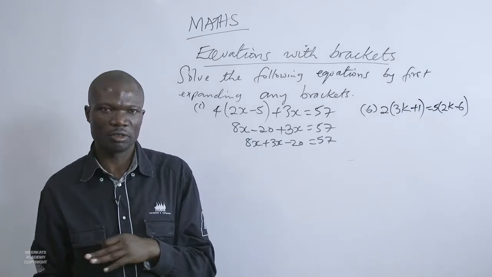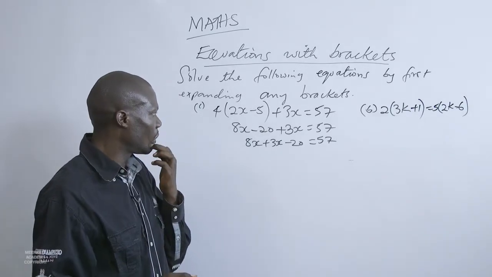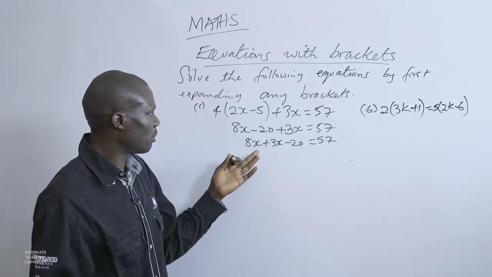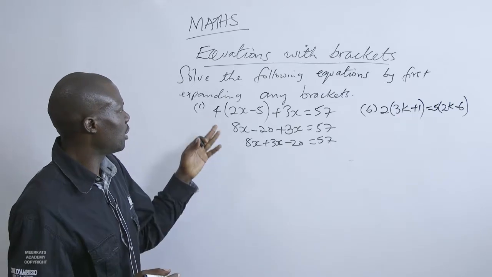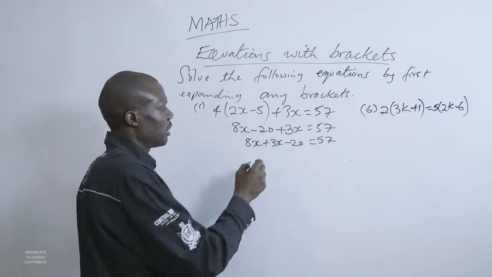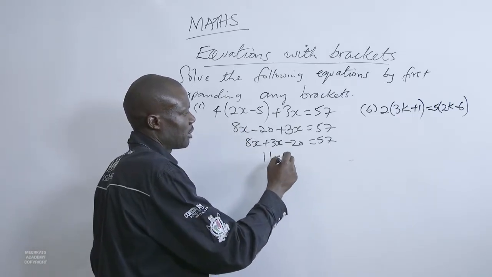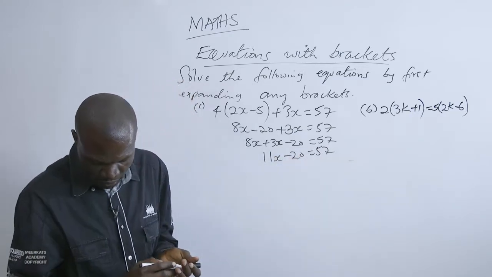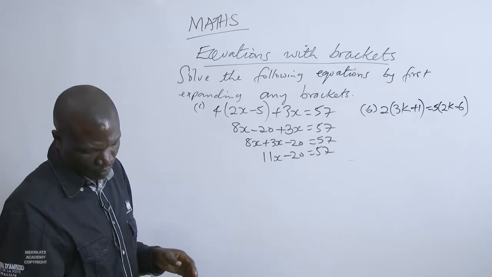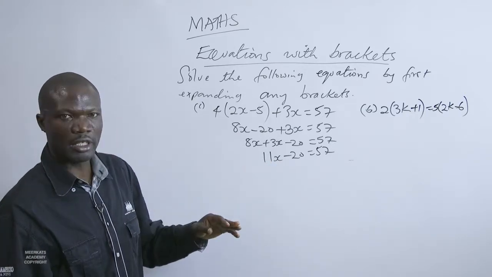When you add 8x and 3x, you will find this is 11x minus 20 is equal to 57. So this is the case here.